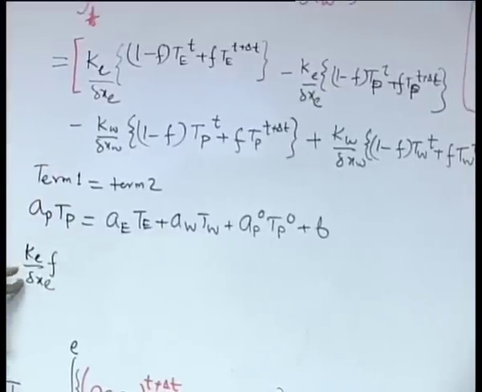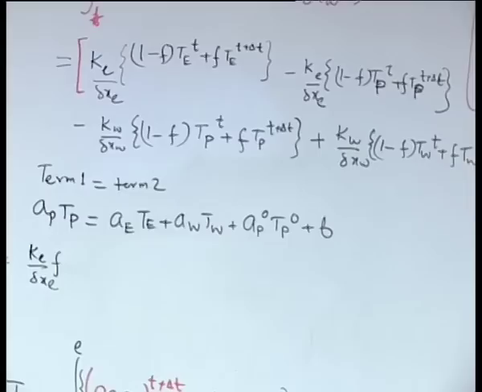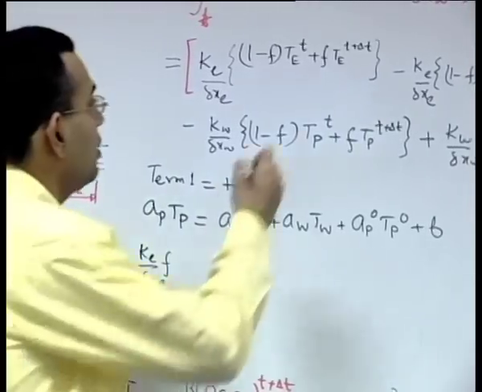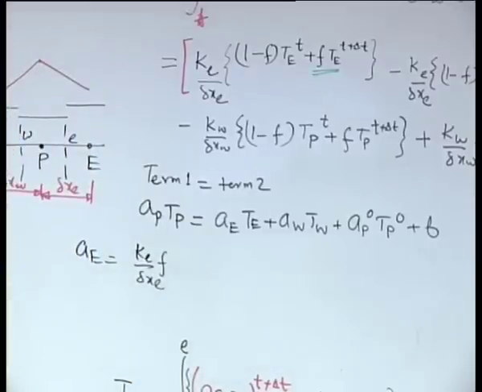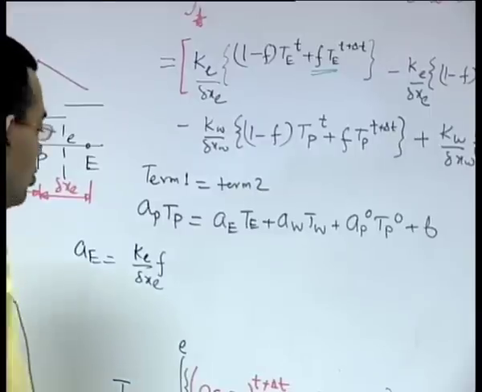So, KE by delta xe into F, that has come from which term? That has come from this term. Then any other coefficient for AE?